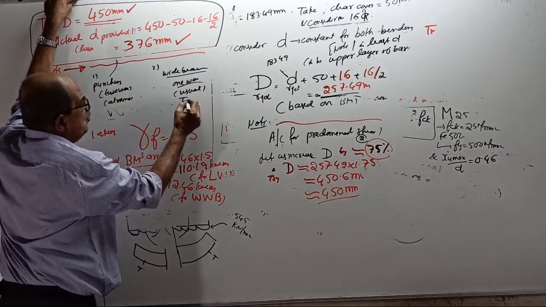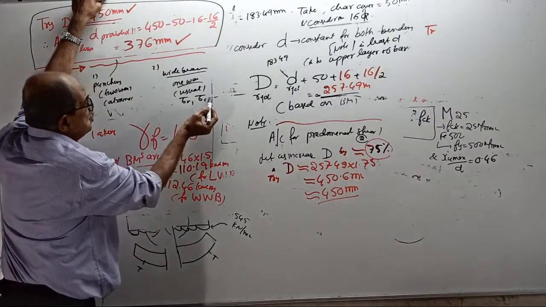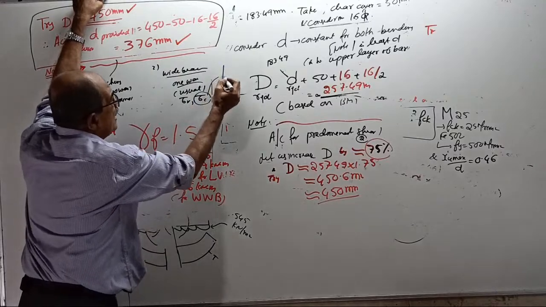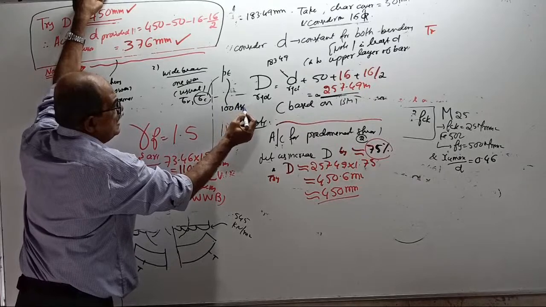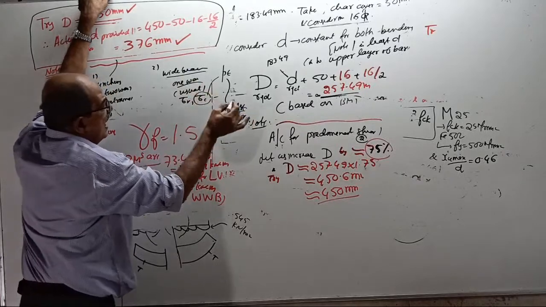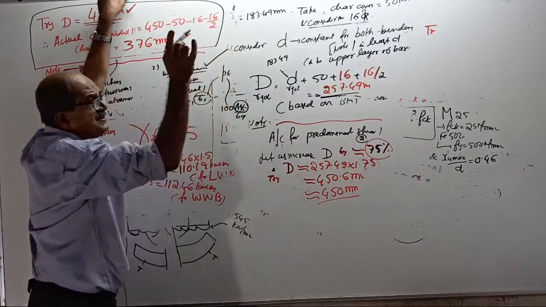where you find tau V, tau C, etc. To get tau C, you require PT. But PT means you need 100 AST by BD. Therefore, unless you know AST, you cannot check for other shear.